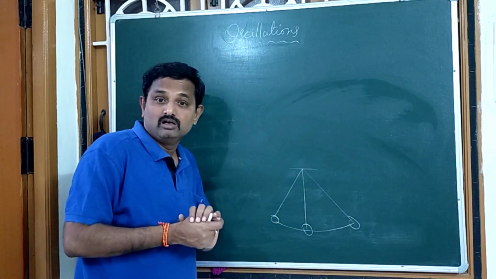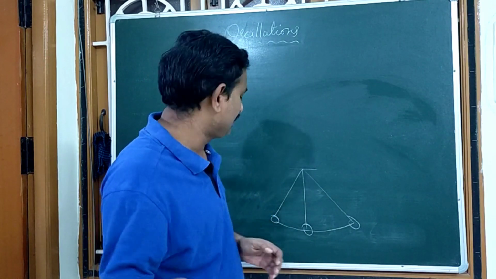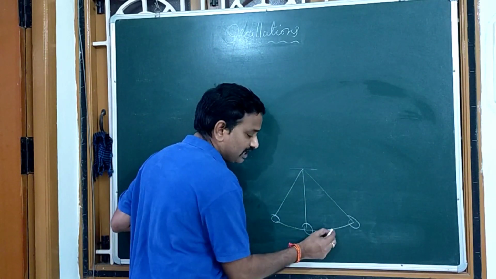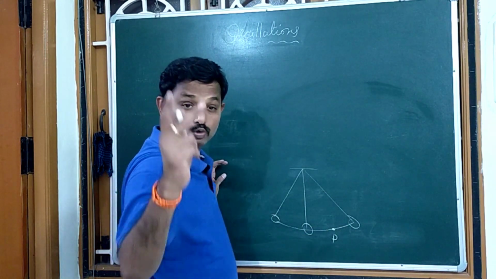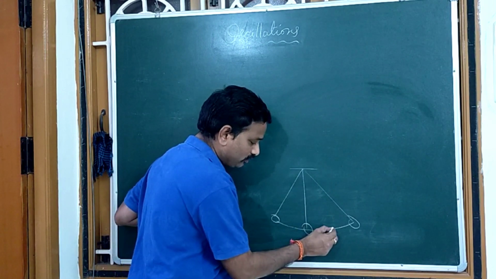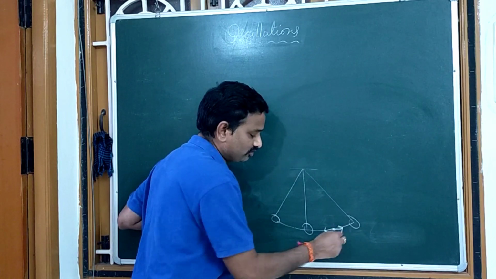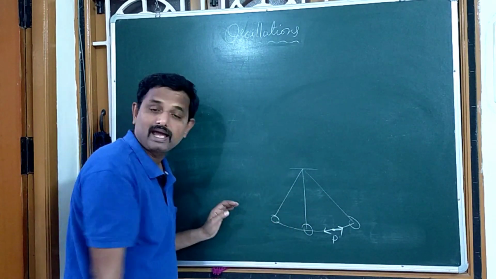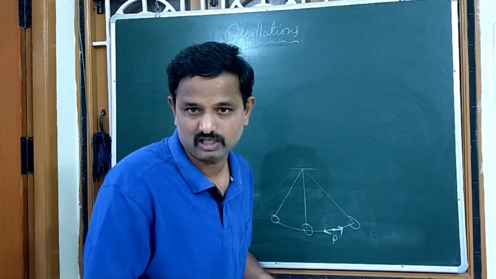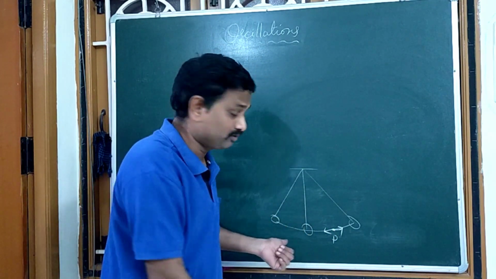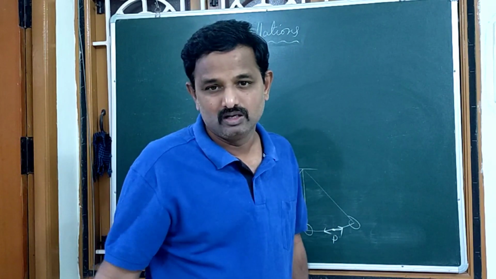But every periodic motion need not be an oscillatory motion. Why? If you take any point P, at that point the pendulum has two directions: one while moving towards the left, and again while moving towards the right. So at one point the pendulum has two directions, which means it is retracing its path. In a simple pendulum, that is in oscillatory motion, the particle retraces its path.